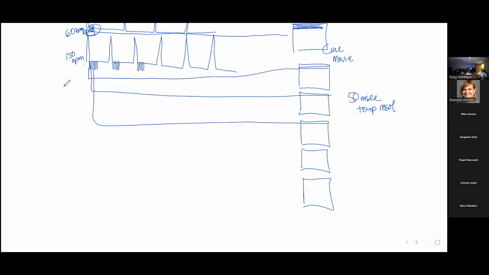When you have a blurry image, either A, remember those triggers? You want to check and make sure that the scanner is capturing the triggers.